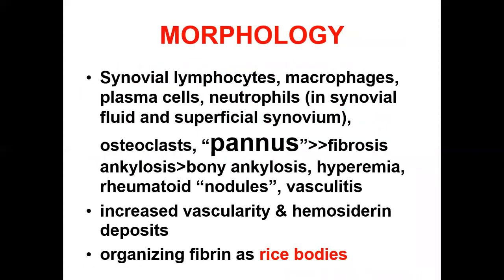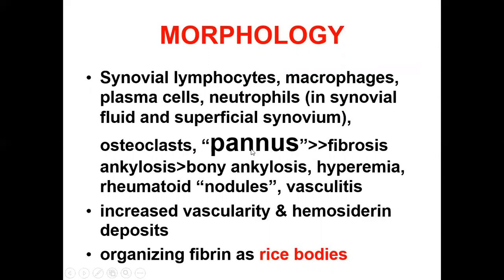Morphology: the synovial cells, lymphocytes, macrophages, plasma cells, and neutrophils accumulate at the joint space and form an edematous mass, that is pannus formation.